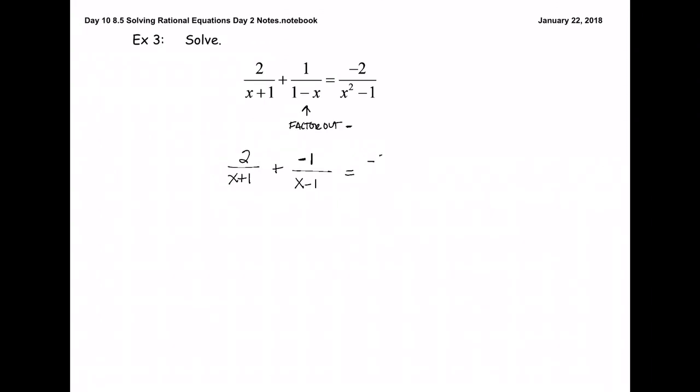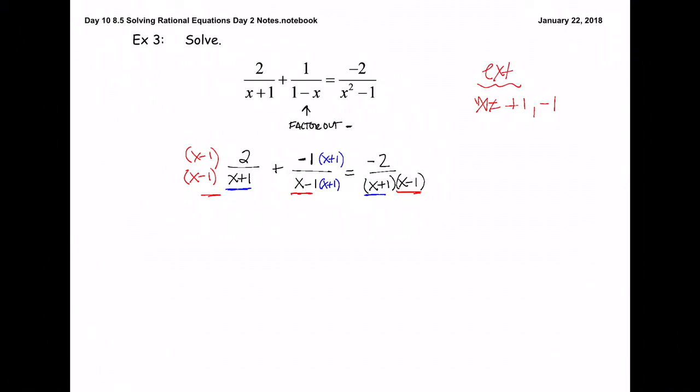And then your second fraction, factor your denominator x plus 1, x minus 1. So find your missing pieces. X plus 1, x plus 1. We're missing an x plus 1 in the center. X minus 1, x minus 1. We're missing an x minus 1 in our first term. Find your extraneous solutions. X cannot equal positive 1 or negative 1.